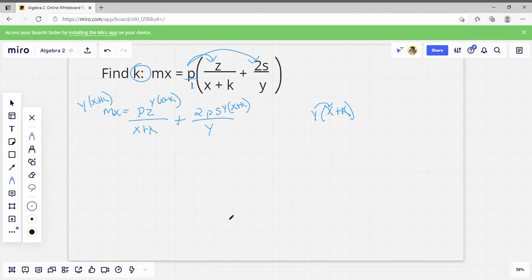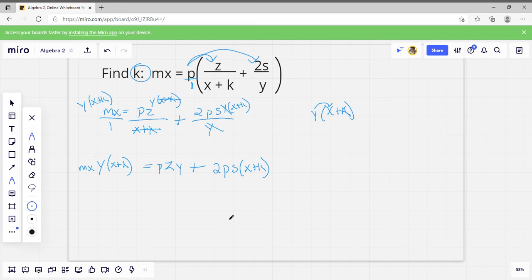Okay, so on this one I can't cancel anything because that's over 1. Okay, so I've got y times x plus k times mx. Okay, y mx times x plus k equals, here I can cancel my x plus k, so I'd have pzy, and here I can cancel my y's, so I have 2ps times x plus k.